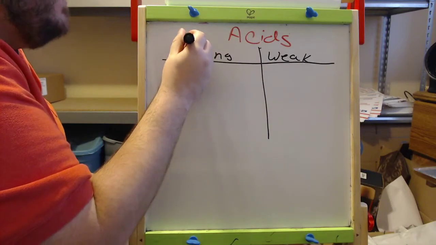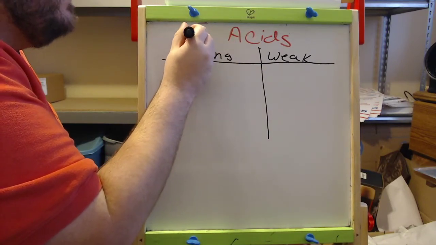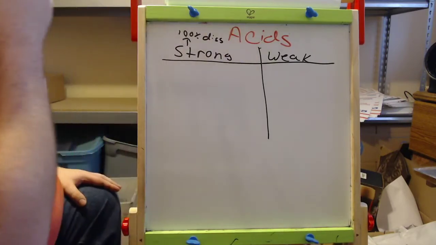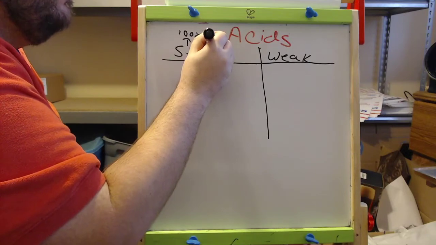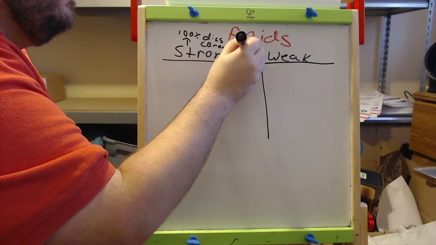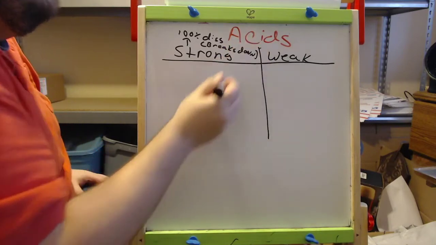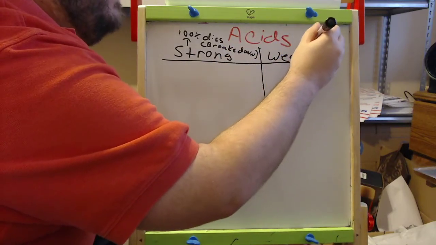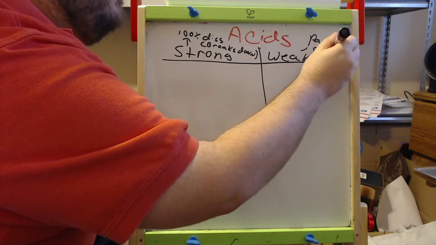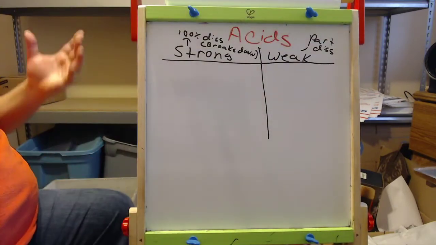A strong acid 100% dissociates, breaks down. A weak acid only partially dissociates. It means you don't get the most hydronium for your buck.